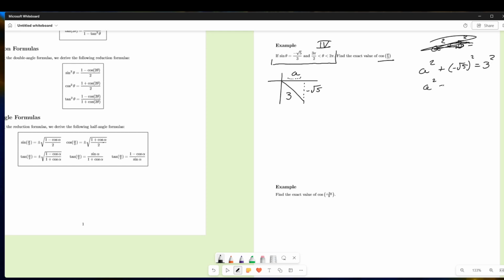So a squared plus 5, negatives undo each other, square undoes the square root, equals 9. So a squared equals 4. So a equals plus or minus the square root of 4, or 2. Because we're in quadrant 4, we know that that's a positive 2. If we were in quadrant 3, it would be the negative 2. Again, that's one of the reasons we want to remember that plus or minus.